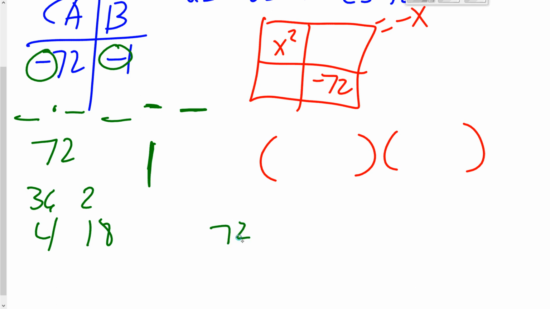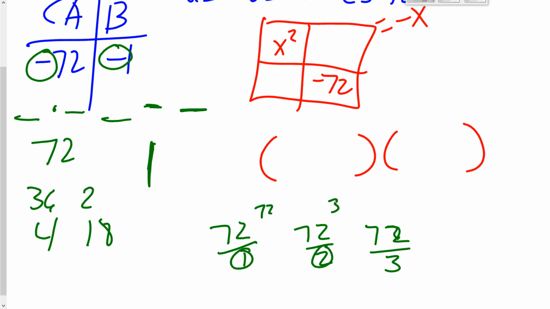You could just take 72 and start dividing it by 1. 72 divided by 2, 72 divided by 3. See if it goes into it evenly, right? This does: 1 and 72. This does: 2 and 36. What about 3? Well, 3 goes into it 24 times, yes. So those are two factors, so 3 and 24. Then I can do 72 over 4.